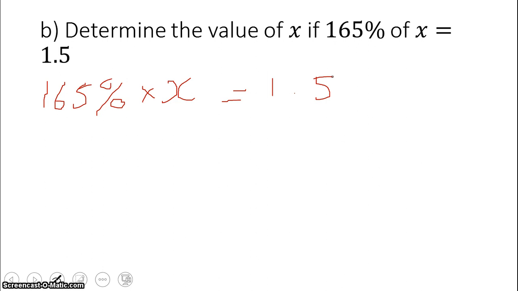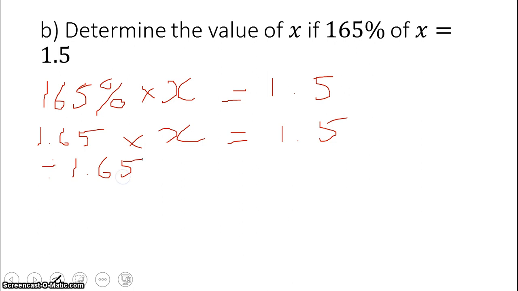Now, the easiest way to do this, I'm going to change it to a decimal. 1.65 times x equals 1.5. So doing inverse operations, this is times, so I'm going to divide by 1.65 on both sides.